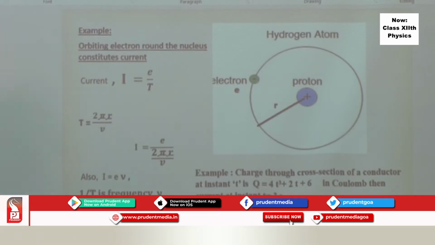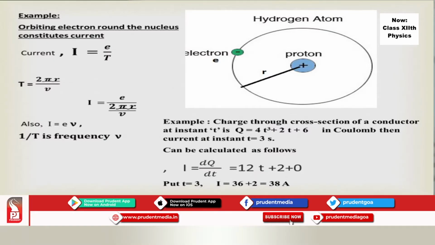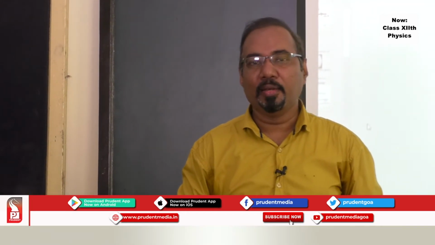So if the electron is gyrating at a certain frequency, I can find how much current it constitutes. So I = eν, where ν is the frequency. And this is a very important part as far as magnetism is concerned. If you go into detail under the magnetism chapter, this is the origin of the magnetic property that you will learn in the moving charges and magnetism chapter, and the magnetism and matter chapter.